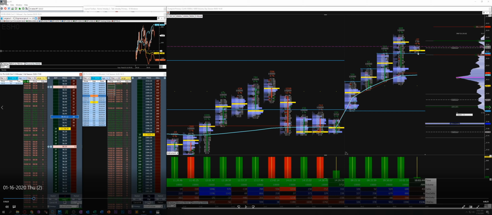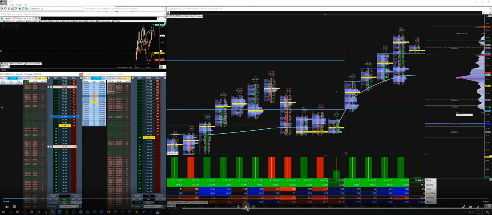So the next area, after we came back and retested this area, we filled in the pop zone a little bit here. Now the next area that I want to see us get through is actually that VPOC. I'll feel a lot more comfortable with this trade as we push beyond that VPOC of this prior bar. So we're going to trade up here.